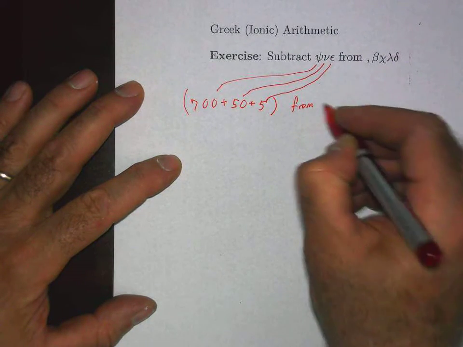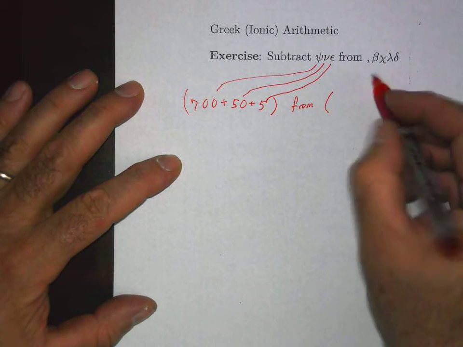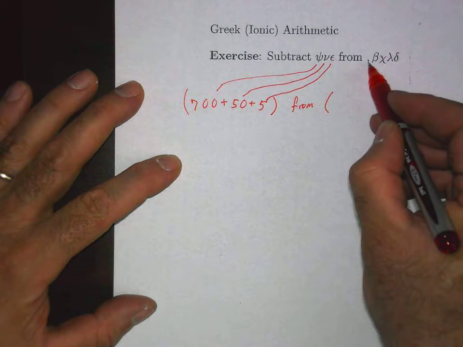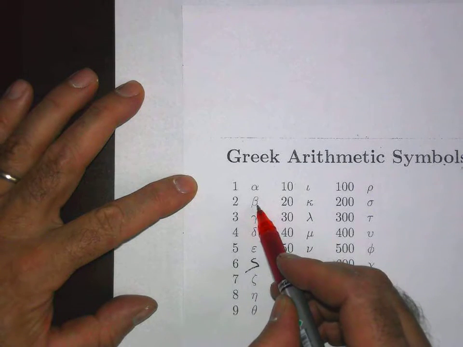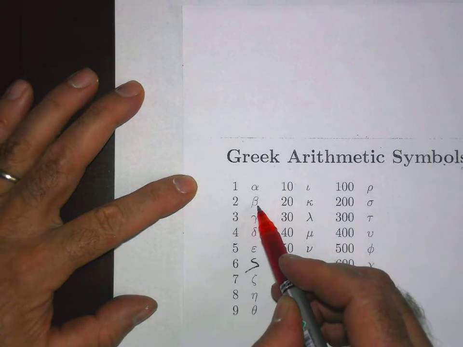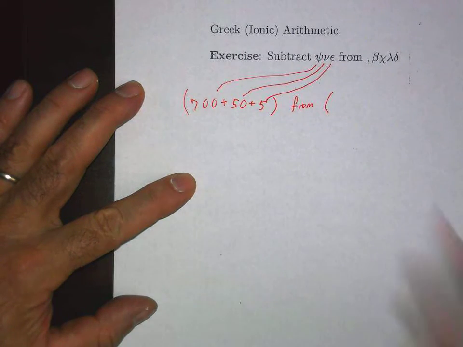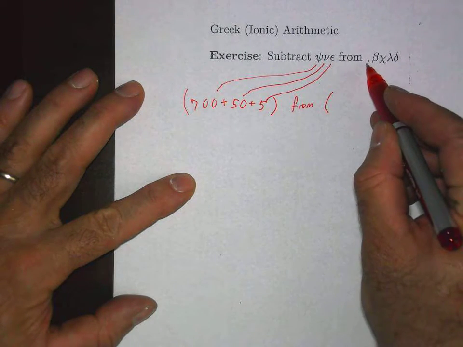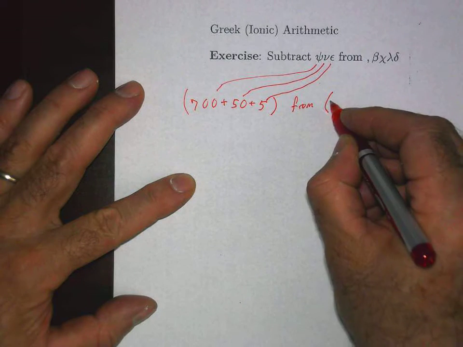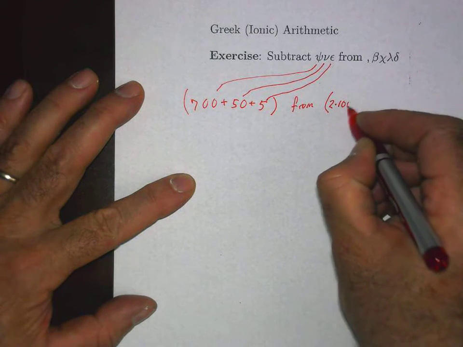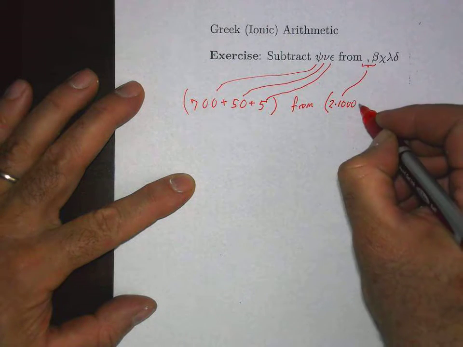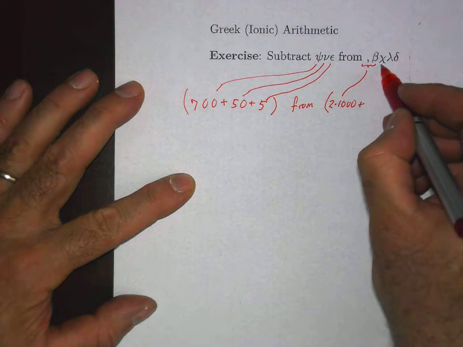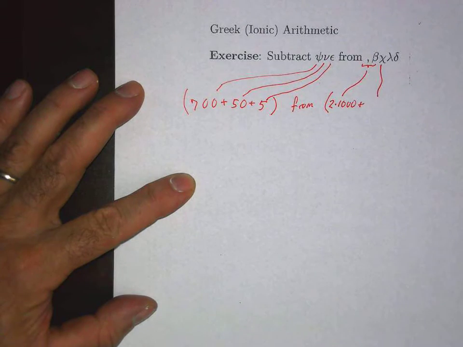And we're going to subtract that from, okay, this is beta with an accent mark to the left. Beta is the equivalent of 2, but this accent mark multiplies it by 1,000. So this is 2 times 1,000. Now our good friend chi, what is chi?